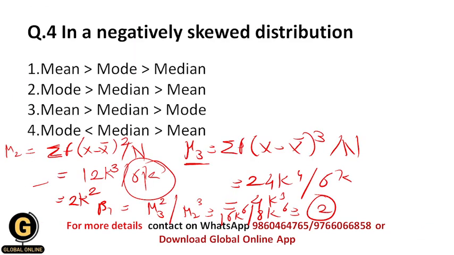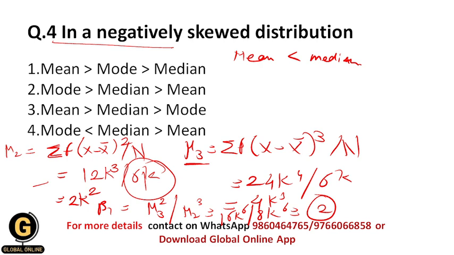In a negatively skewed distribution, what will happen? Students, whenever there is skewness and it is negative, then in that situation the mean is smaller than the median. So the mean value is smaller than the median, and the distribution has a large tail of small values.